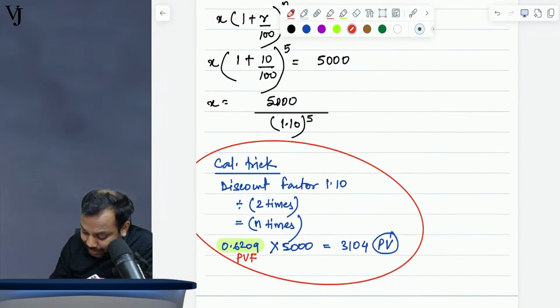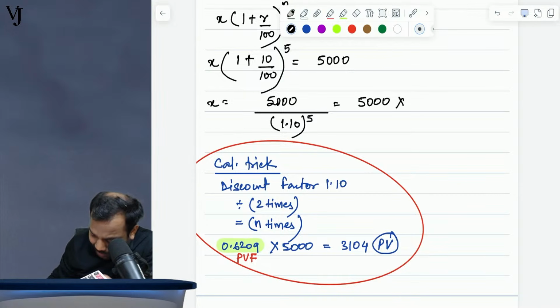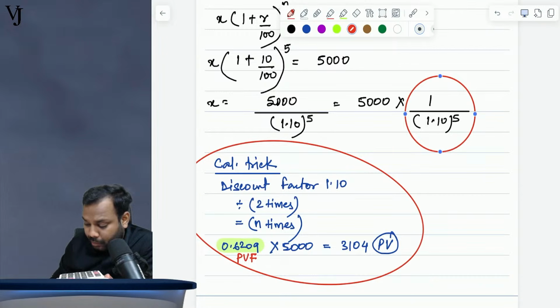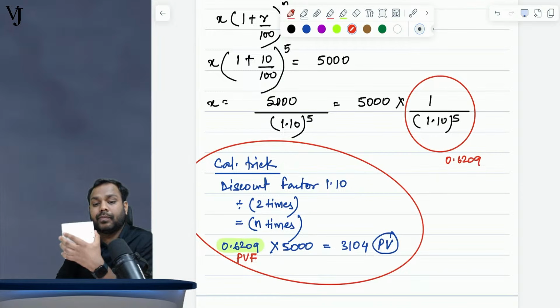So basically I can say 5,000 multiplied by 1 divided by 1.10 to the power 5. The value of this is 0.6209.